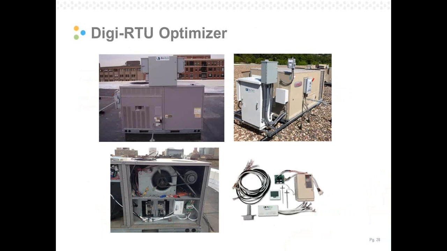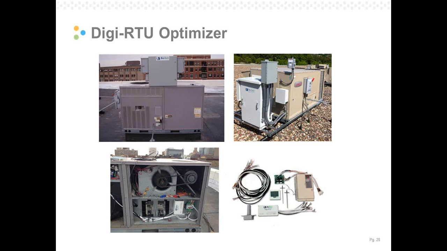In this case, this shows some of the evolution of the Digi RTU optimizer. In the upper left-hand corner was one of the first versions that we received from the manufacturer. We implemented it at our site prior to really getting going on the research project, so that was sort of our test case.